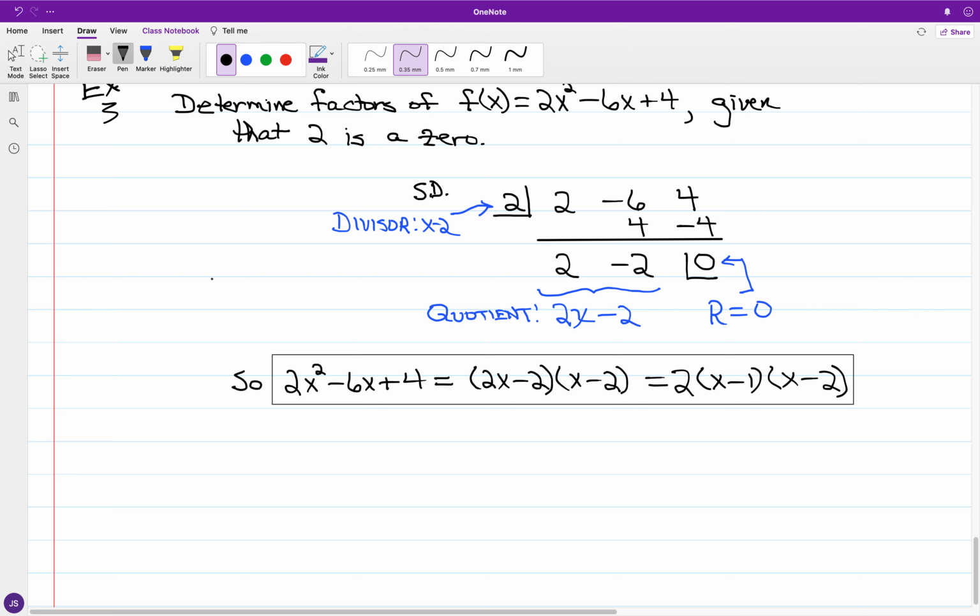And let's say as another scenario we have factoring. f of x is equal to 4x cubed minus 20x squared plus 33x minus 18, given that 2 is a 0.